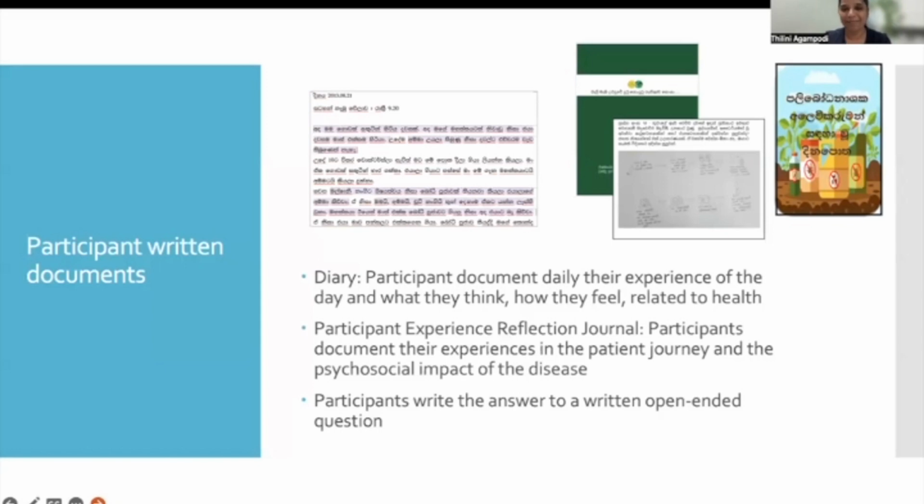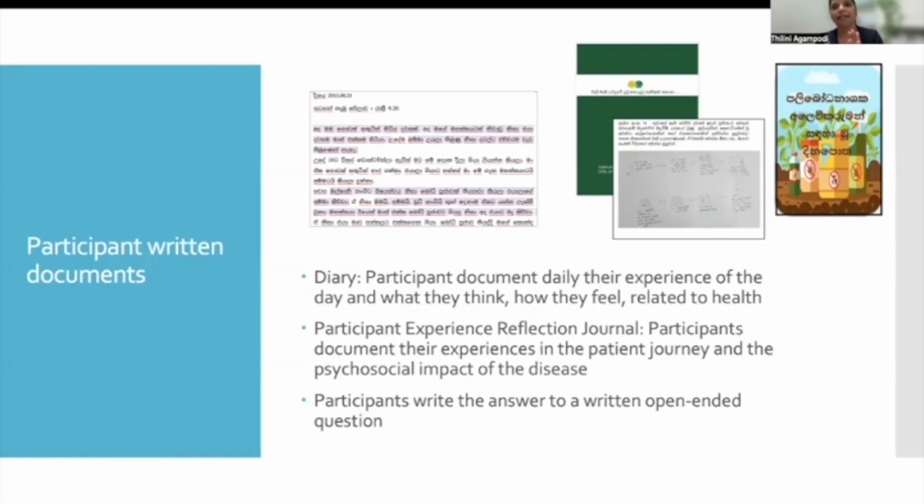Sri Lankan people really like to write, right? Specifically women, they like to document their expressions, feelings, experiences. So these are some of the documents that we can use to collect data where patients write about themselves. You can maintain patient or participant diaries, where you write about a particular topic.